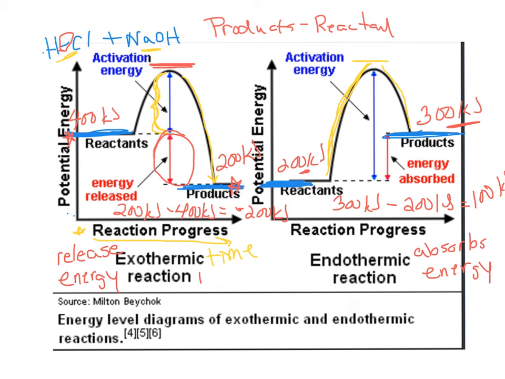That means 100 kilojoules of energy was added to the system or absorbed into the reaction. And so because energy was absorbed, we call that an endothermic reaction, where energy was taken in.